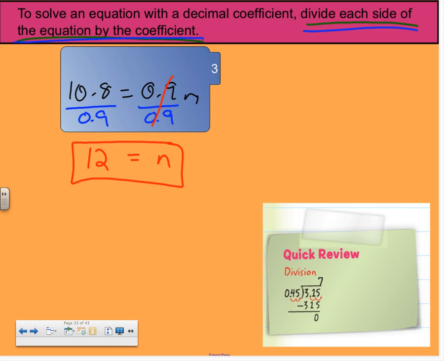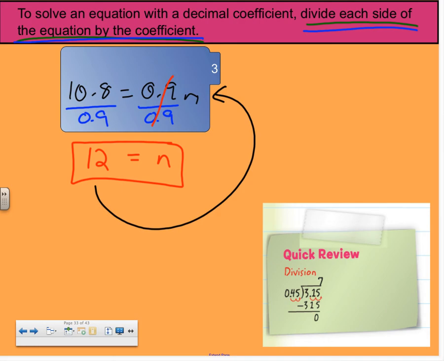Once again, I should probably take that 12, enter it back into the original problem, and 12 times 0.9 should equal 10.8. Okay? I will allow you to use calculators if you would like to. Okay?